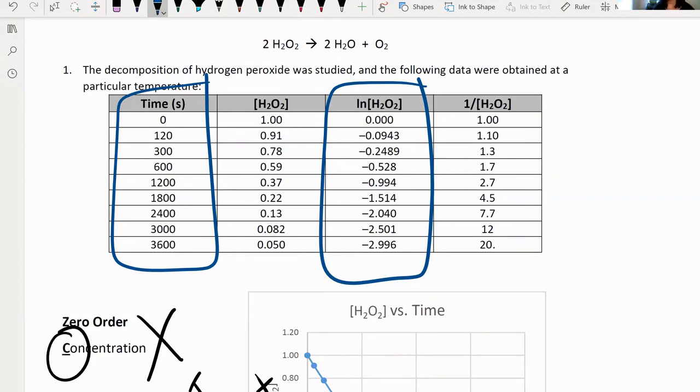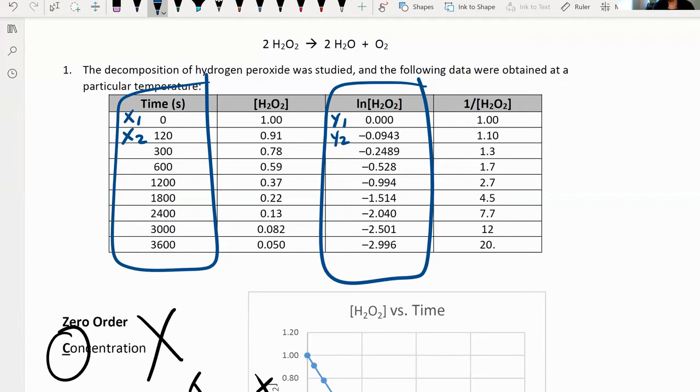To calculate the slope, just pick 2 of the data points. I'm just going to pick the first 2. This first time is my x1. The second time is my x2. And over here, y1, y2.